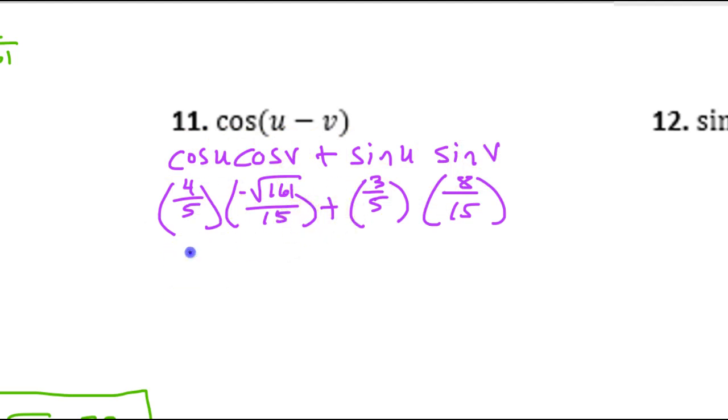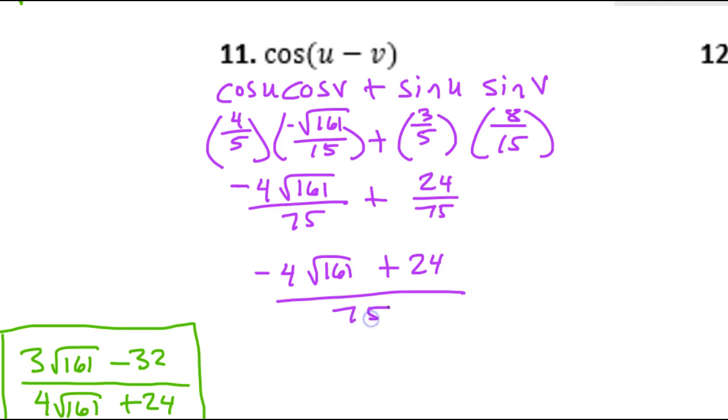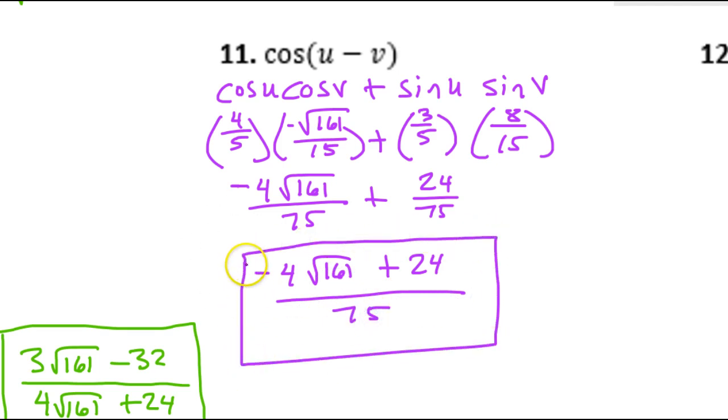So I'm going to have negative 4 radical 161 over 75 plus 24 over 75. So I already have like denominators, so this will simply be negative 4 radical 161 plus 24 all over 75. And that is the final answer for number 11.